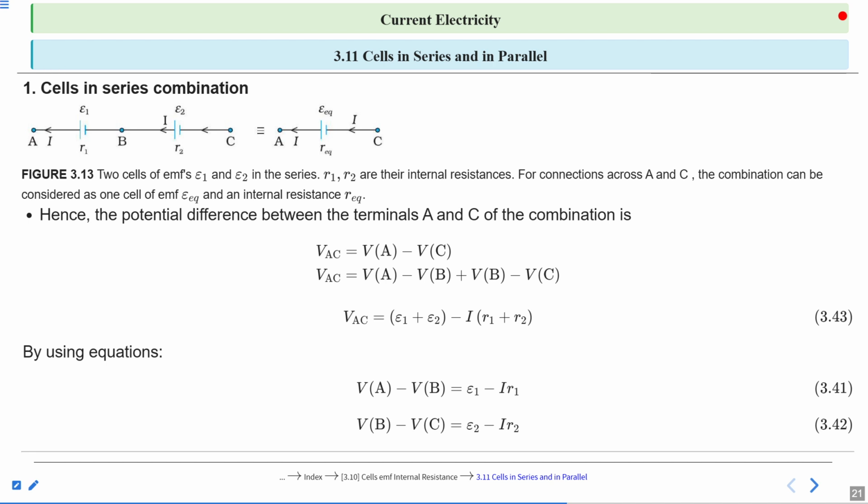This is the potential difference across both cells. If we consider the combination of these two cells as one cell, this is the potential difference across the combination.